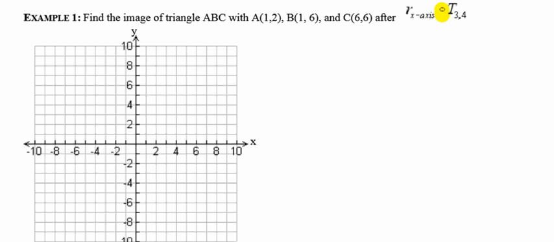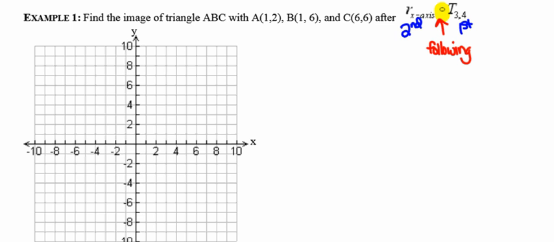So again, the most important thing for you to understand is that new symbol means the word following, which means we do the translation first and we do the reflection second.